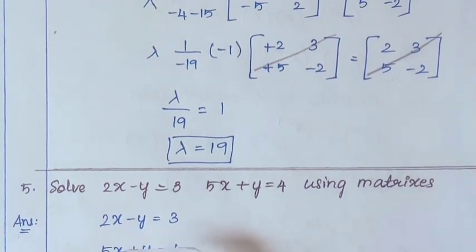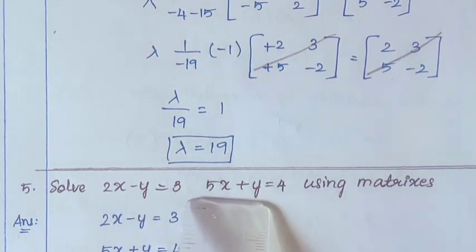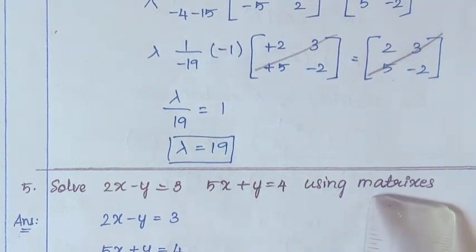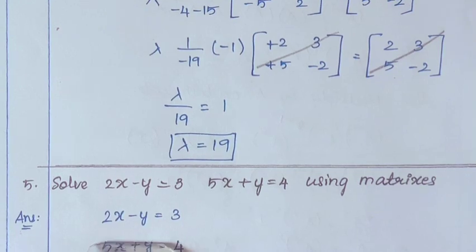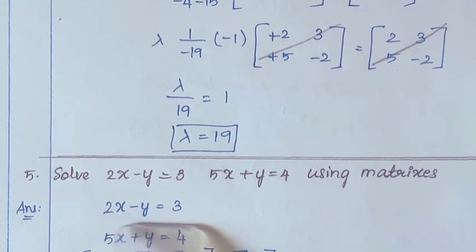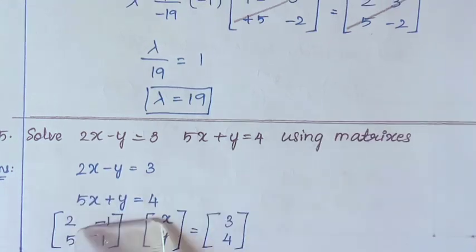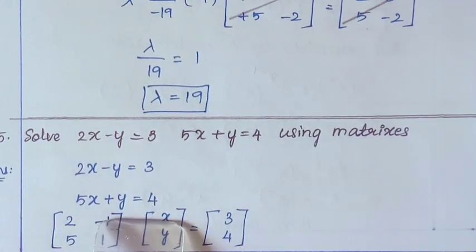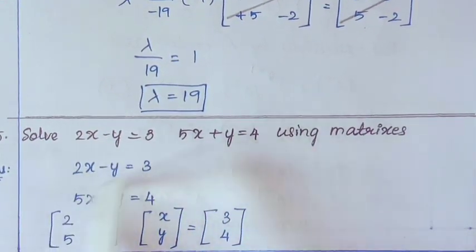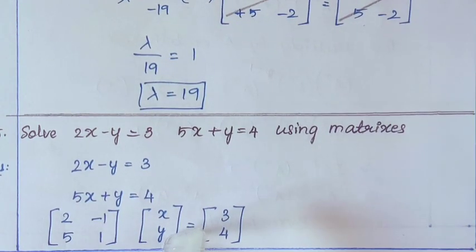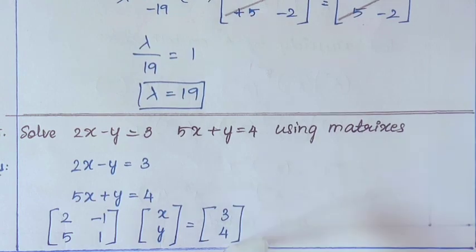Solve 2x minus y is equal to 3, 5x plus y is equal to 4 using matrices. So 2x minus y is equal to 3, next 5x plus y is equal to 4. They have given this in the question, and then we have to write x values here, y values here, variables, and here constants.